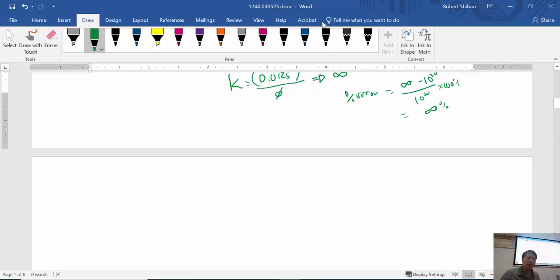And what we want to do is try to make the change as small as possible. And there is a way to make the change as small as possible. These are common tricks that we use to simplify the math.